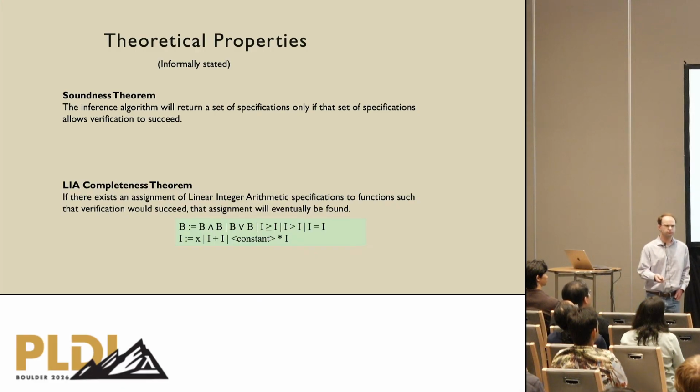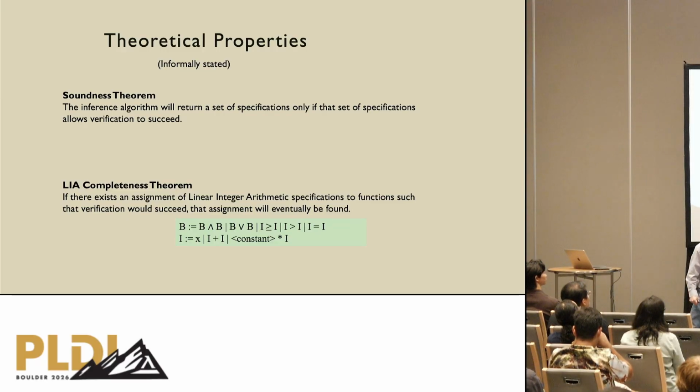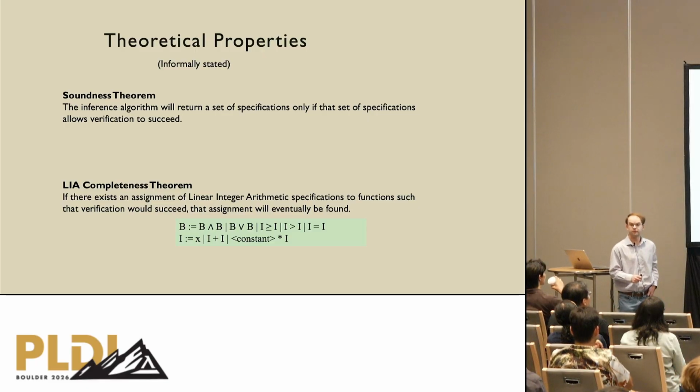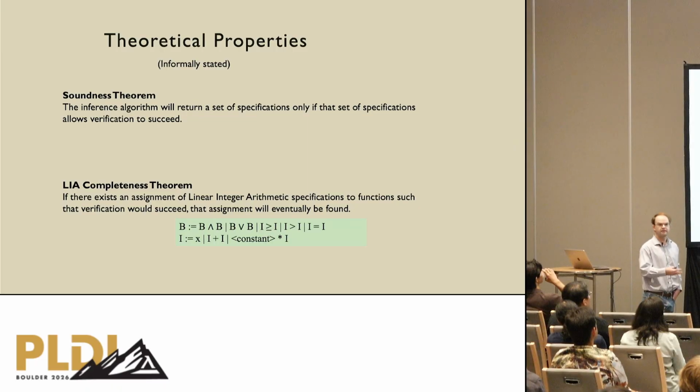We can also prove some completeness properties relative to the verifier's ability to reason. So really, what we can say, and we actually state a more general version of this in the paper, is that if there exists an assignment of specifications drawn from this grammar that would let the verifier succeed in verifying the code, we will find that assignment of specifications.